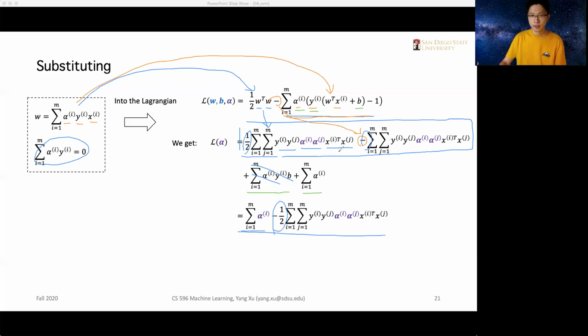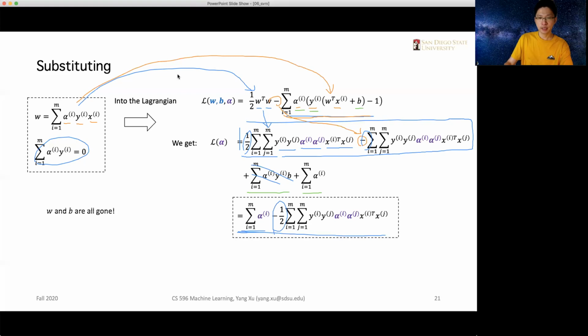This looks like a quadratic function, because we have alpha i times alpha j, and here is a linear summation of all the alphas. So it's a quite typical simple quadratic form of alphas.